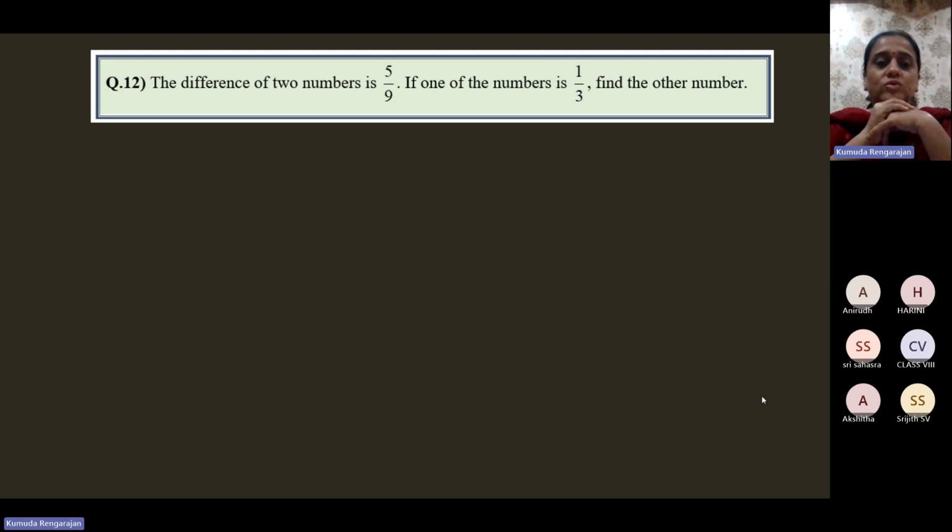The difference of two numbers is 5 by 9. If one of the numbers is 1 by 3, find the other number. Ma'am, 5 by 9 minus 1 by 3.